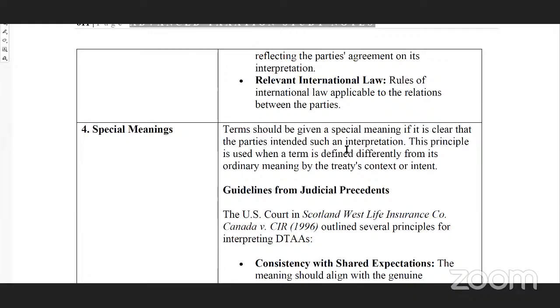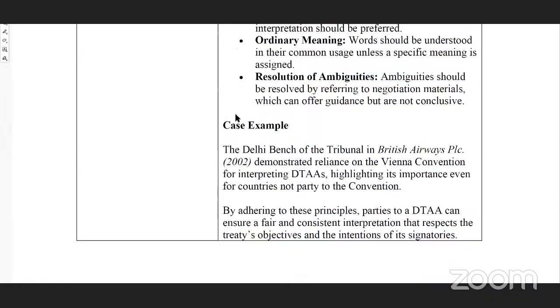All right, so terms must be given some special meanings if only that is what they intended it to mean. Makes sense? So if it is defined separately or differently from its meaning, what did they actually intend it to mean? Okay, and there should be consistency with the shared expectations of the parties as well, right?